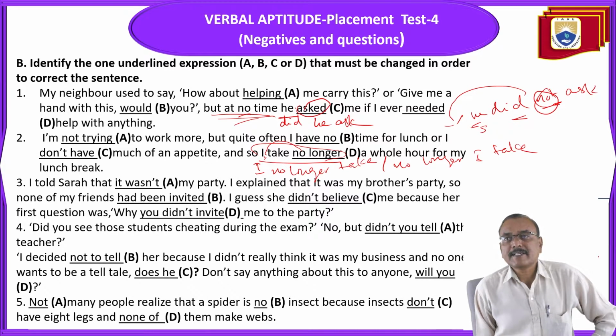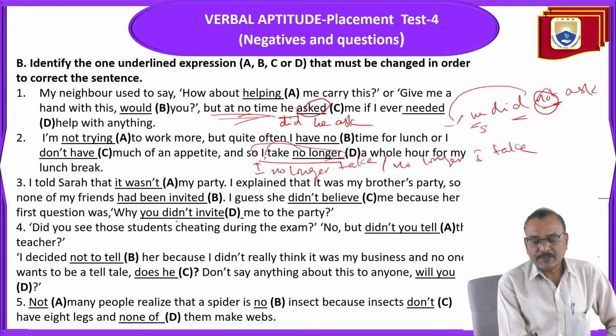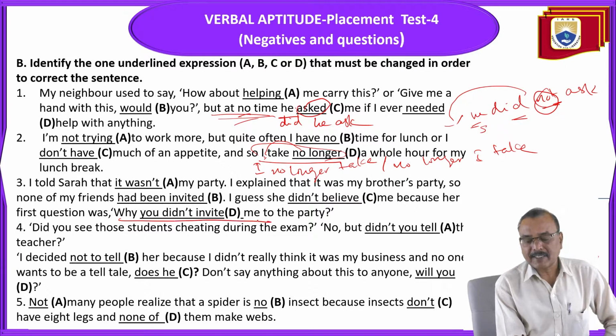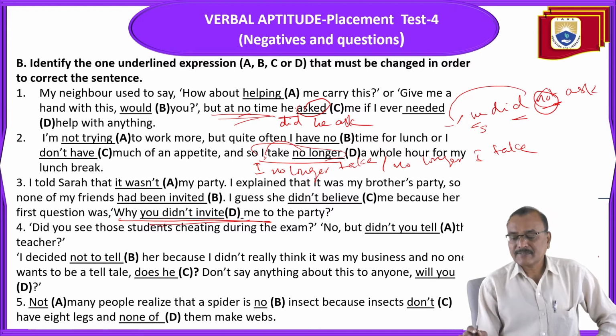I guess she didn't believe me because her first question was, why you didn't invite me to the party? Here is a mistake. Why you didn't? What is the structure of the question here?